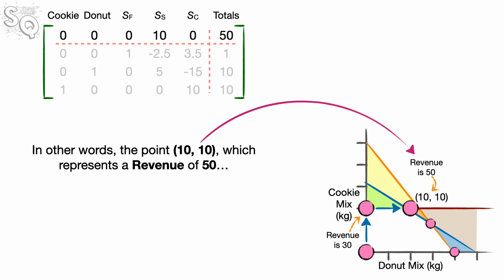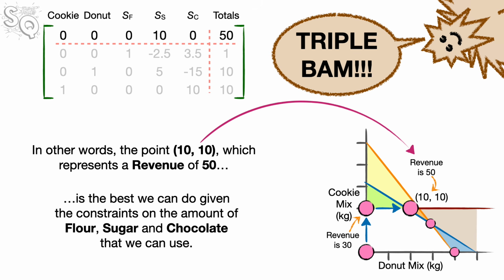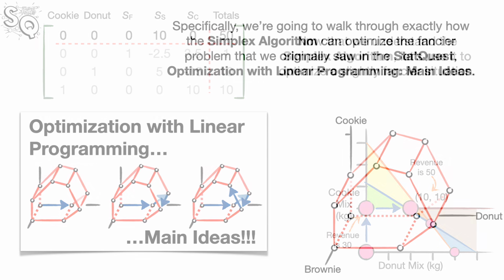In other words, the point 10, 10, which represents a revenue of 50, is the best we can do given the constraints on the amount of flour, sugar, and chocolate that we can use. Triple bam!